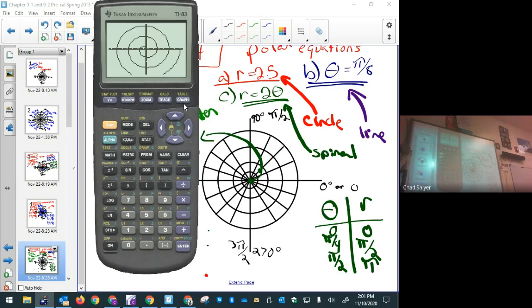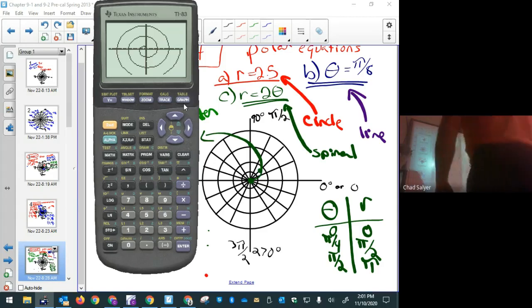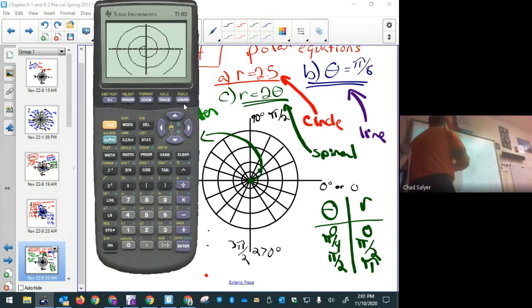Does it always rotate counterclockwise? Yes. There's a way to make it not do that, but it's pretty complicated, because that's the positive rotation. Yeah, if I went negative, it would work.